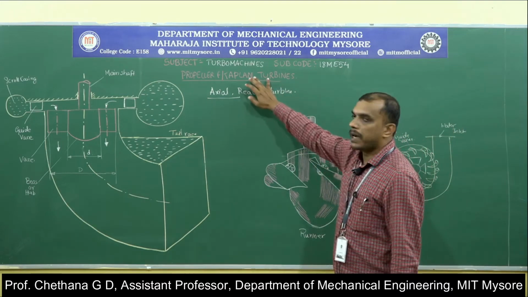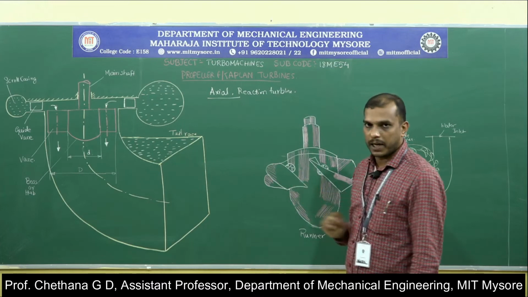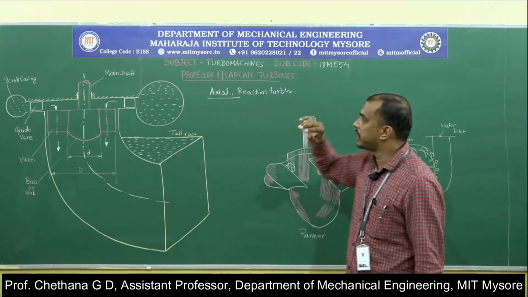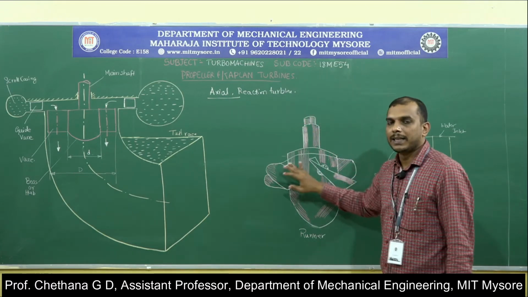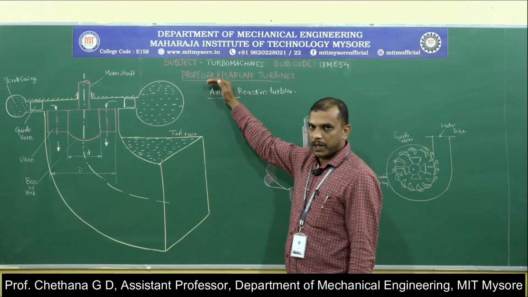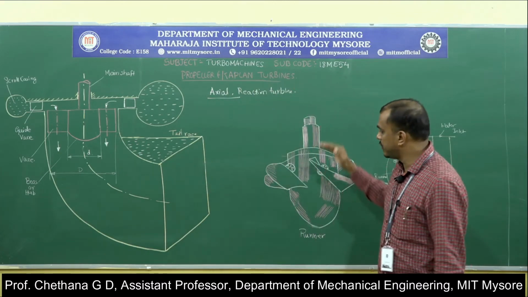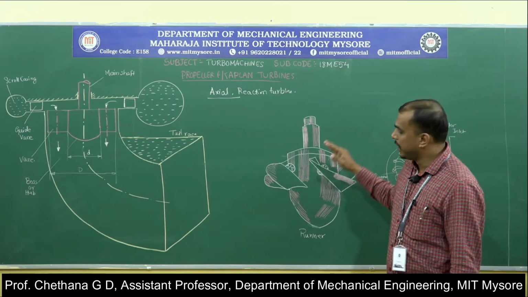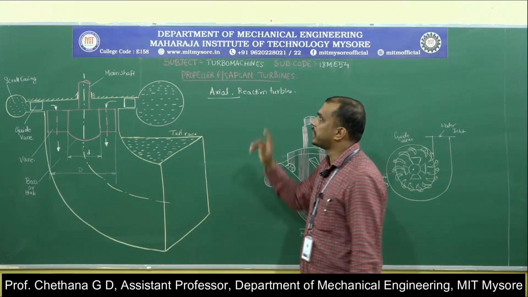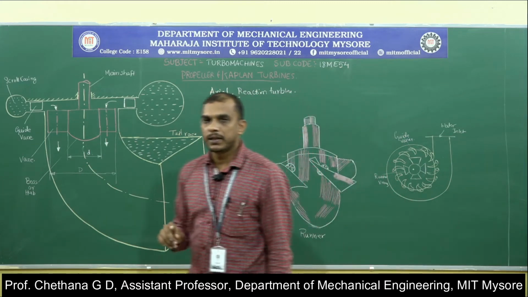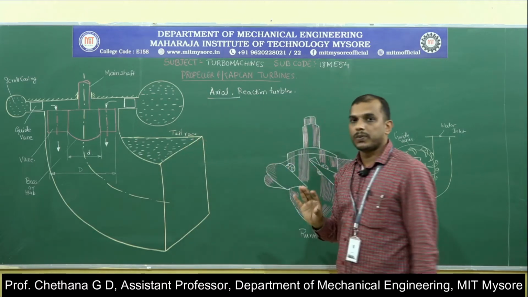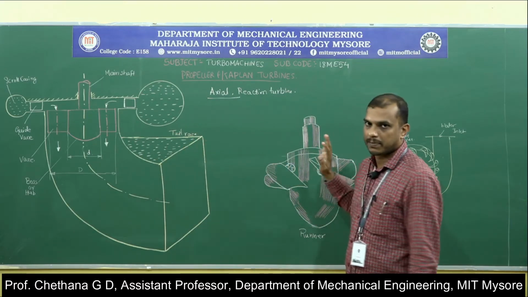So a Kaplan turbine is where the blade angle can be adjusted, whereas a propeller turbine is the one where these blades are fixed. It is called a propeller turbine because this is an aerofoil, okay. This looks quite similar to the propeller of a ship, that is why it is also called a propeller turbine. Now typically these turbines will have 4 to 6 blades.